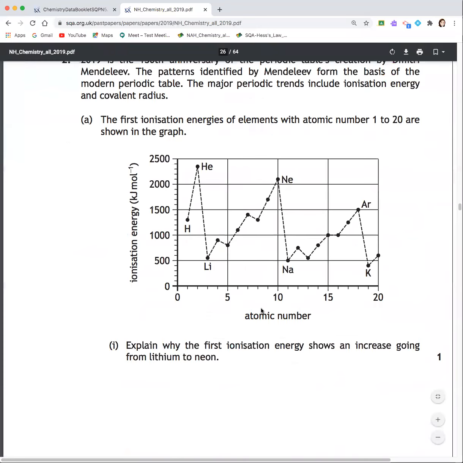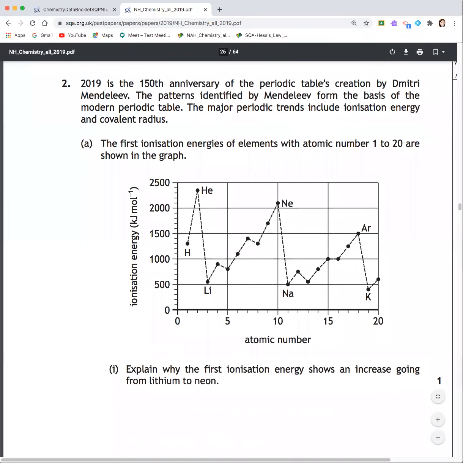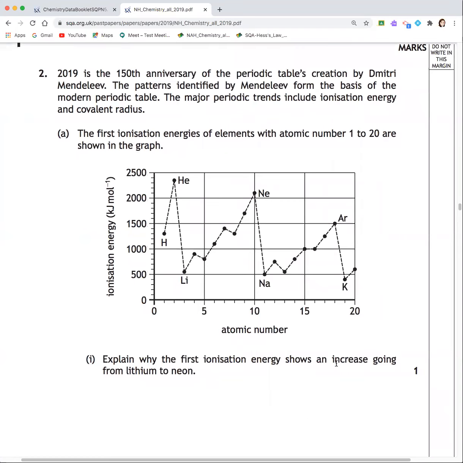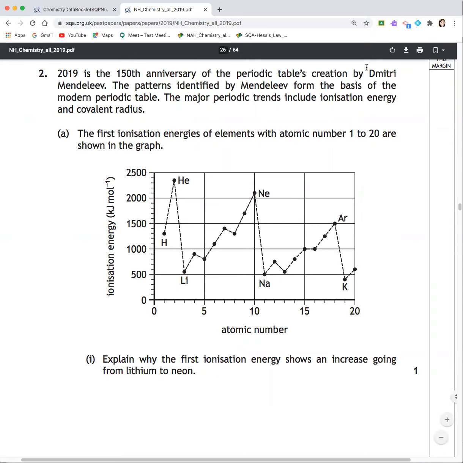Then question 2, given some blurb here about Dmitry Mendeleev. What a man. Love his periodic table. And you're asked to explain why the first ionization energy shows an increase going from lithium to neon. So lithium and neon are across a period from each other, so that's just due to an increase in nuclear charge.